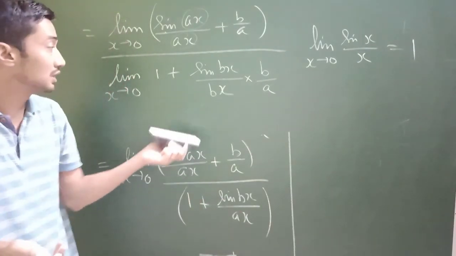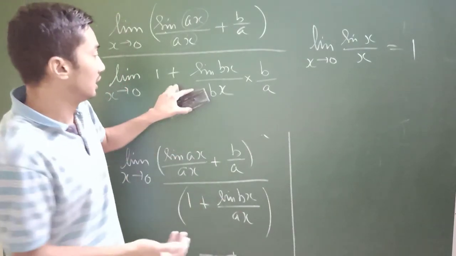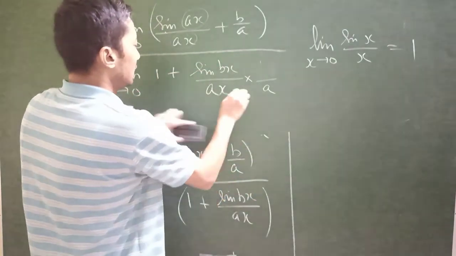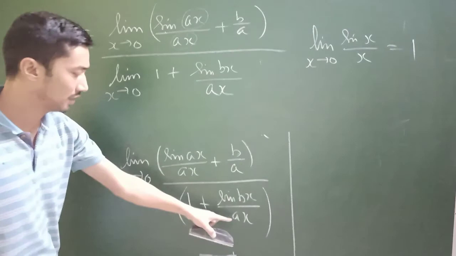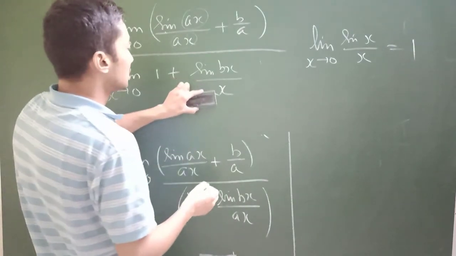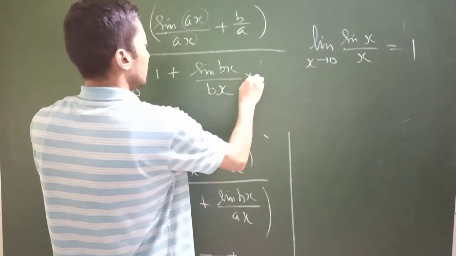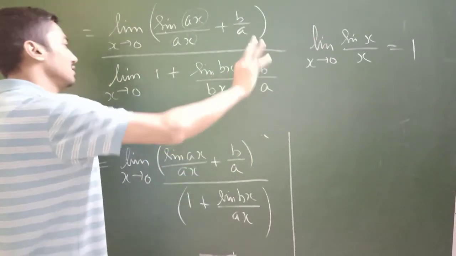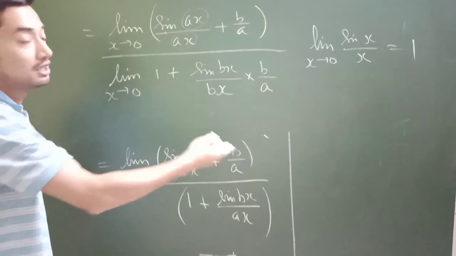No problem, because b I can cancel, and then finally I again get ax back. So just to match, I will multiply and divide by b, and a, for the time being, you stay there because I need b, that's why.